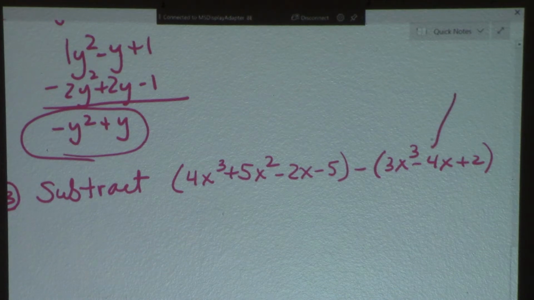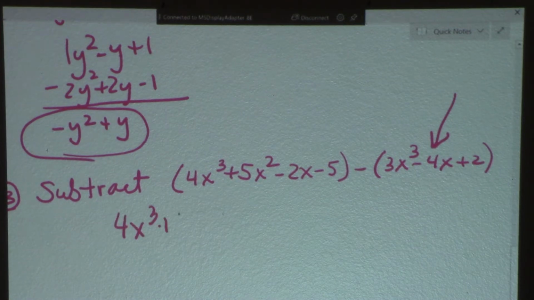If you look here, I've got an x cubed term and I have an x term. What am I missing? I don't have an x squared term, and that wouldn't be a problem except that it's in the middle. So how am I going to stack my two polynomials so that I can add everything correctly? Well, there is a way.